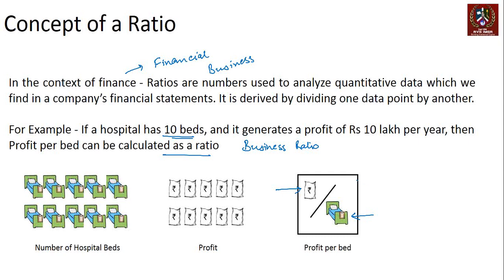So if the company has 20 beds, if the company has 50 beds, you could then extrapolate and say, okay, what should be the profit of the company if the company adds another 10 beds here and if they maintain the profitability, right? So in the context of finance, ratios are essentially a very, very strong tool in giving us a quantitative analysis of what the company is up to vis-a-vis itself, vis-a-vis business and industry, right?